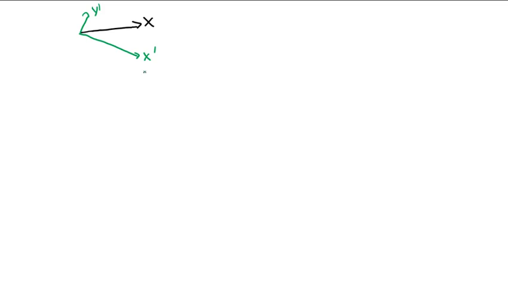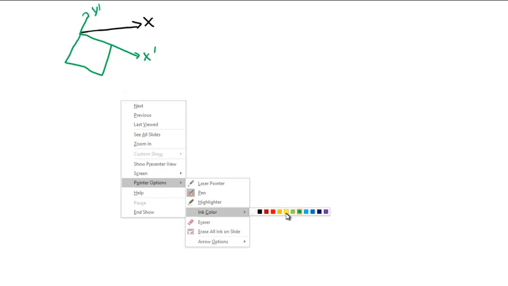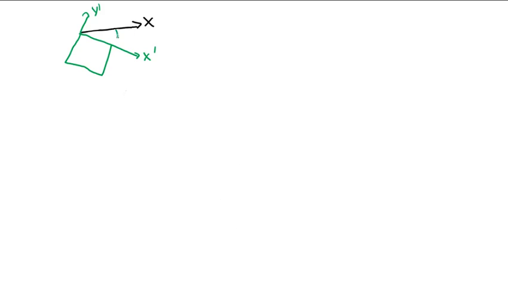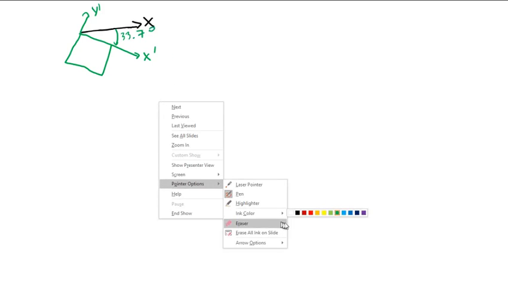Here we would have this here. Now, the normal stresses for this, let me just first label. This is 33.7 degrees. Like this.